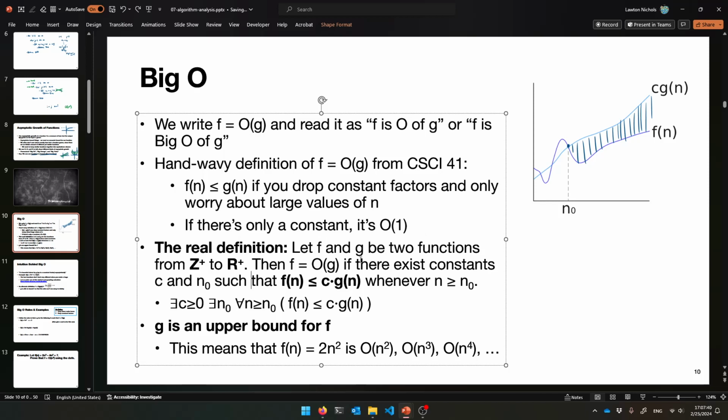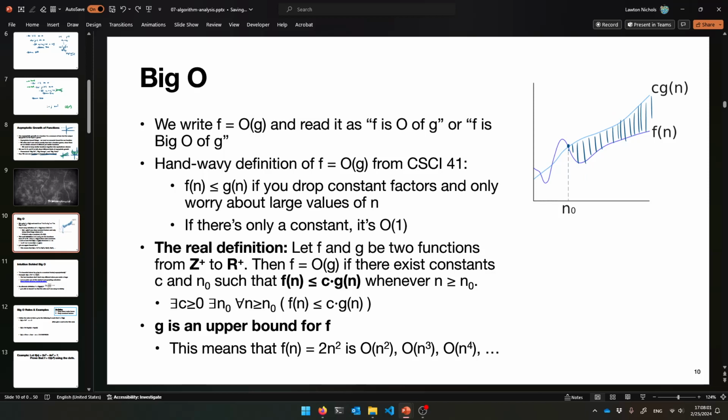So we say that f is big O of g if there exist constants c and n naught such that f of n is less than or equal to c times g of n whenever n gets past that starting n naught value.